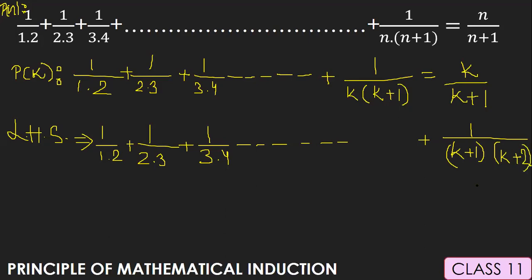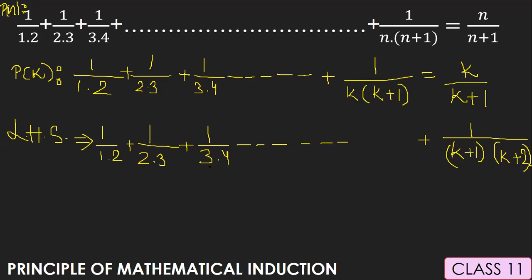So the term before this fraction, as you could see, we have the product of two numbers, 1 into 2. Then the second number is repeated in the next fraction and 1 is added to it. So 1 into 2, 2 is repeated, 2 plus 1 becomes 3.